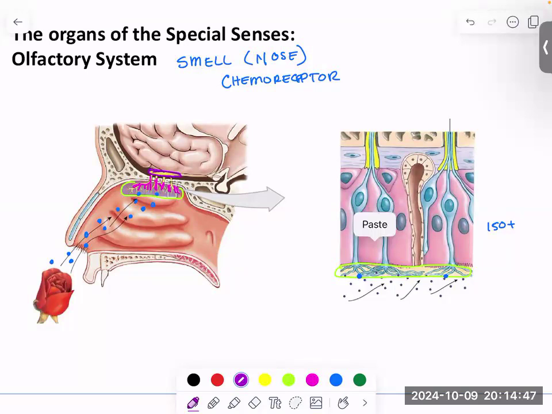They all attach to the olfactory bulb. What cranial nerve is it? 1. Olfactory nerve. Okay. The special sense of smell is a chemoreceptor.